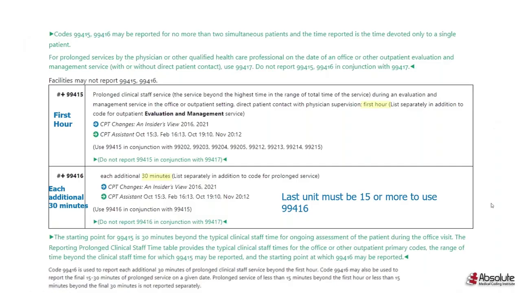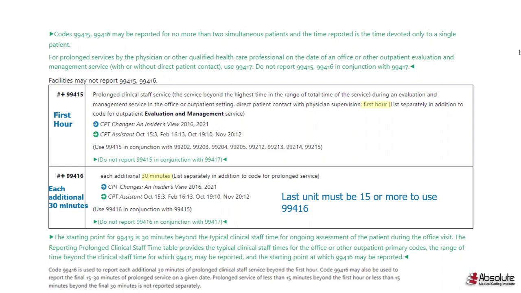All right, codes 99415 and 99416 may be reported for no more than 2 simultaneous patients. Remember that, okay? And the prolonged services by the physician or other qualified healthcare professional on the date of an office or other outpatient evaluation and management service.